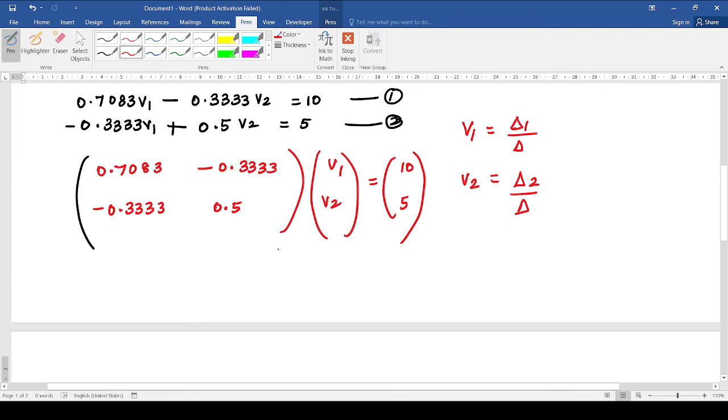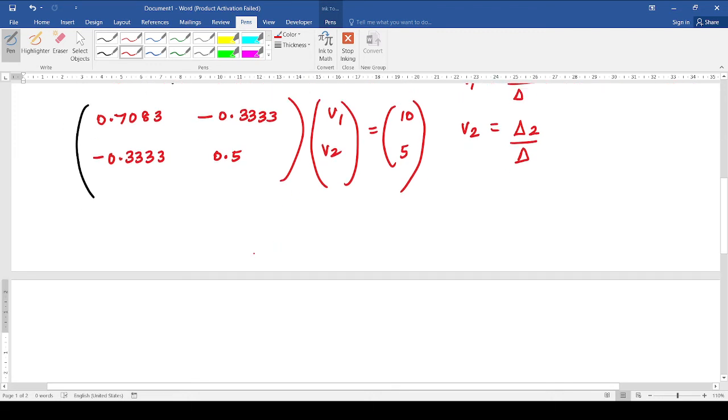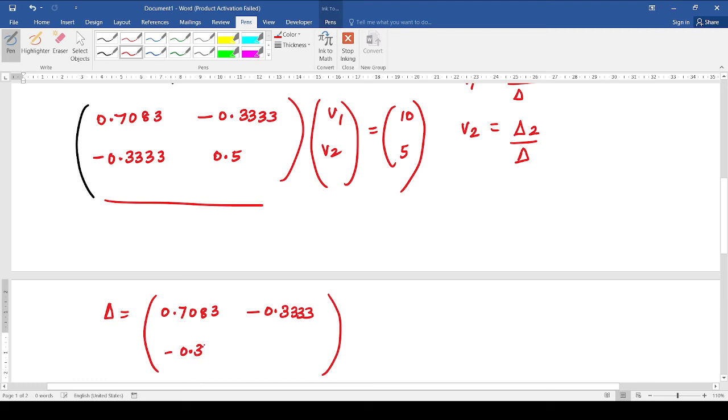So first of all, I am going to find out the delta. Delta means you have to write this matrix: 0.7083, minus 0.3333, minus 0.3333, 0.5. I am going to find out the determinant. The determinant is obtained directly from the calculator, that is 0.2430.